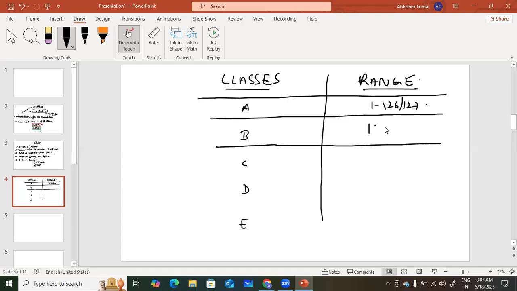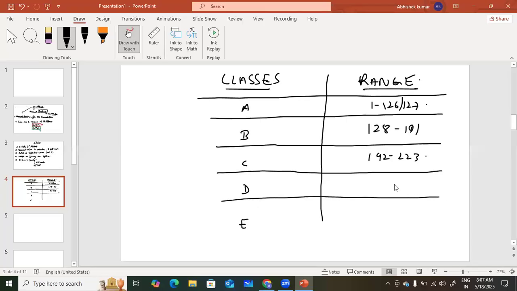Class B is 128 to 191. Class C is 192 to 223. Class D is 224 to 239. And class E is 240 to 255.